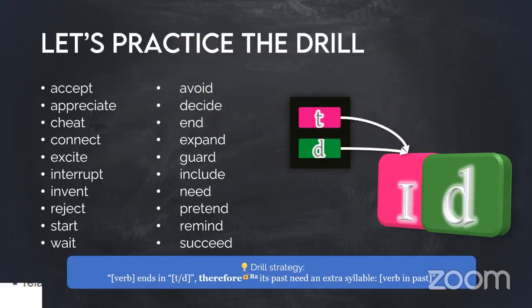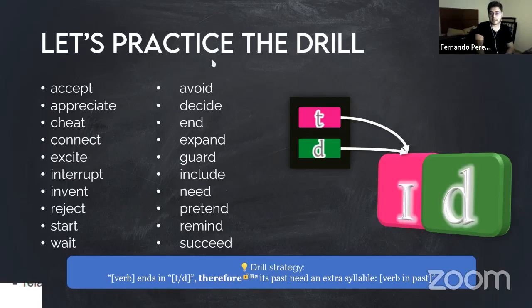But the sound corresponds to D. Okay. That's a very important observation. It's very different to consider alphabets and sounds. Of course, include ends in E, but this E is silent. So we need to say that include ends in D.